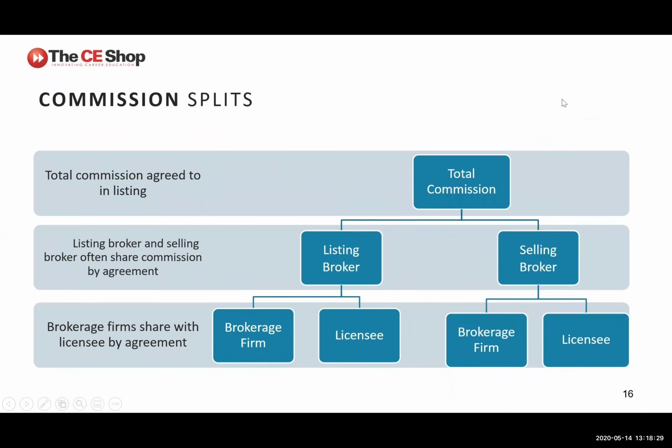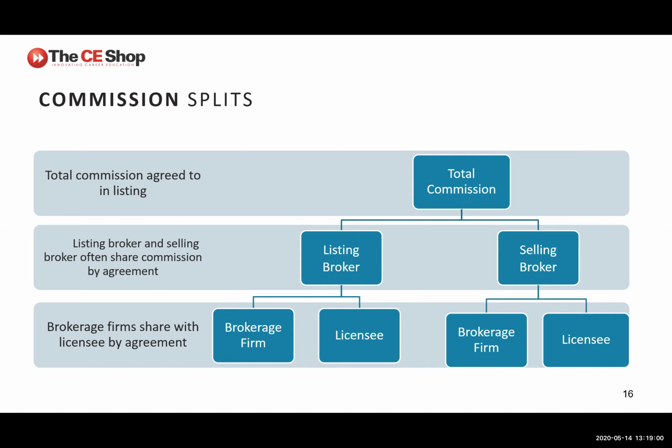So here's a good little grid just for how you do commission splits. You've got a total commission, which would be great if you got one of those. I do know that there are some states that allow dual agency, some that don't, which if they do allow it, you may possibly do a listing and also work with the buyer also. But basically the total commission is broken down between the listing broker and the selling broker.